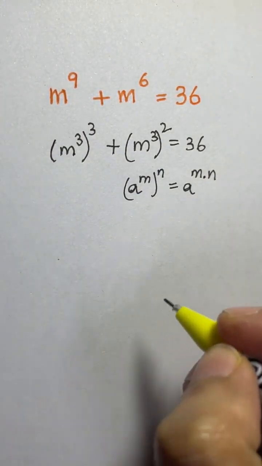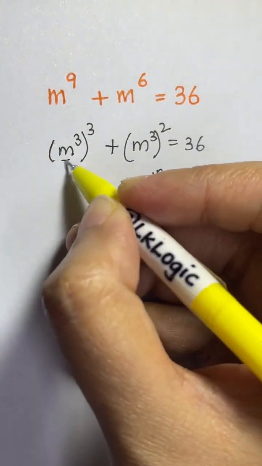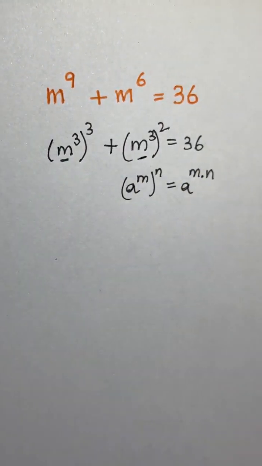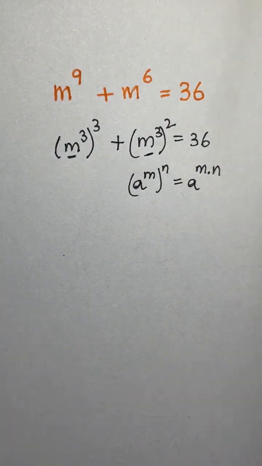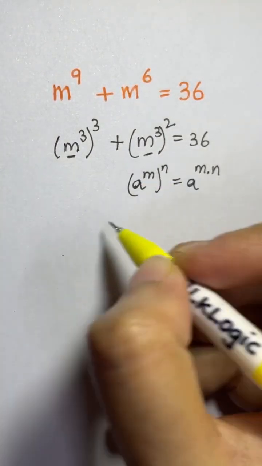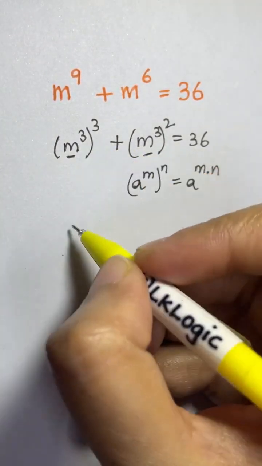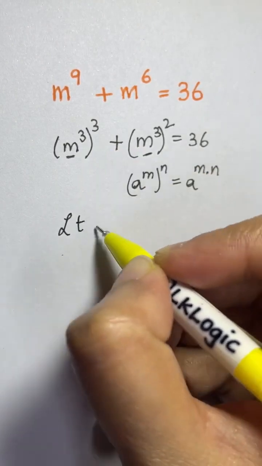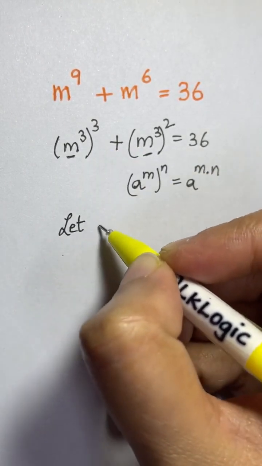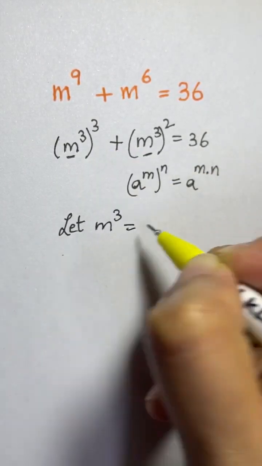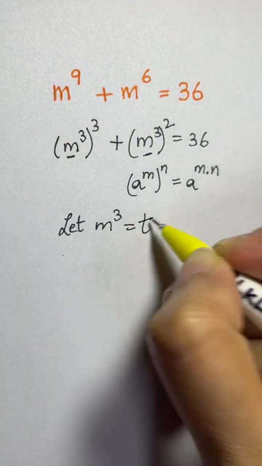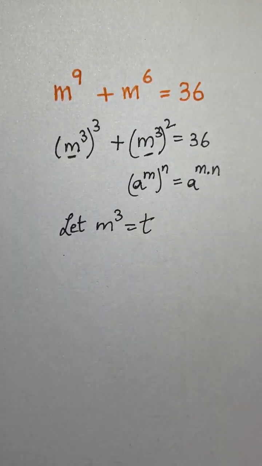Now, here we have the same base, m cubed. So we can let m cubed be a variable. Let m cubed equal any variable you like. Let's say it's t. So m cubed equals t.